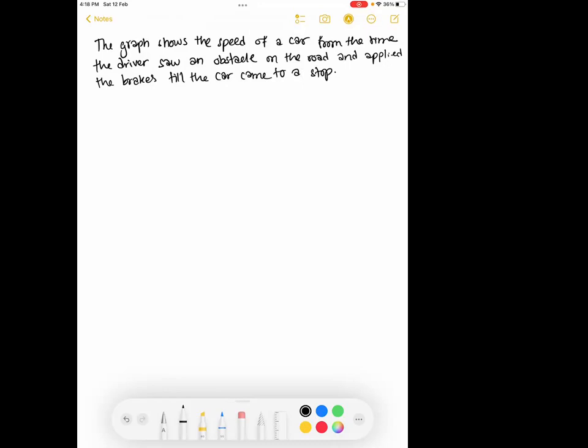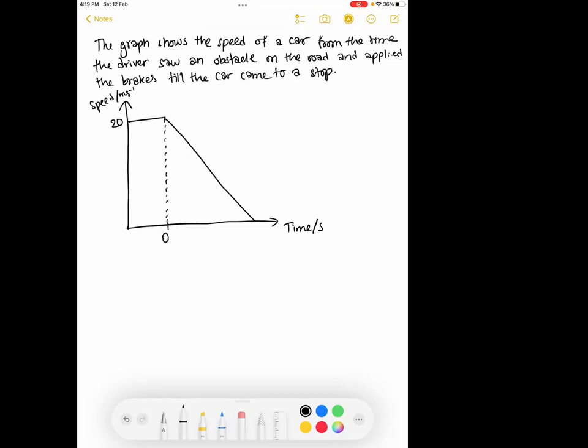Okay. So the graph looks like this. This is also a speed time graph. This is 20. This right here is at 0.5 seconds.